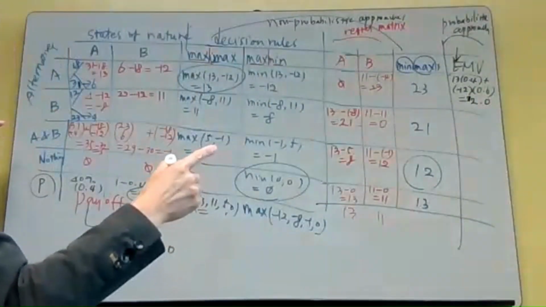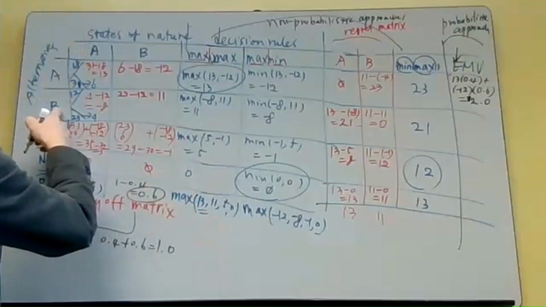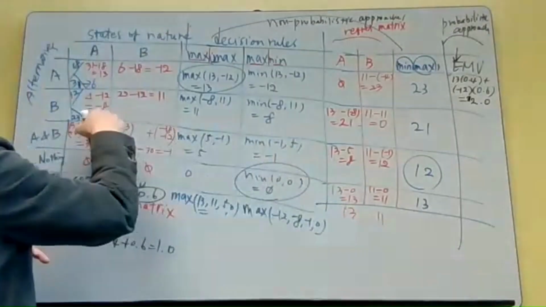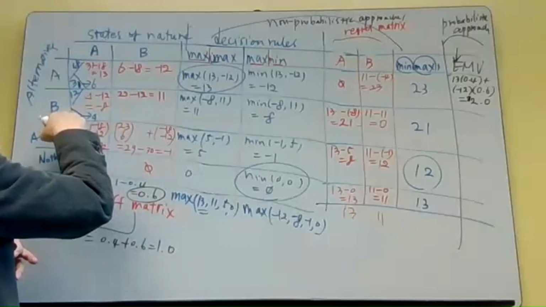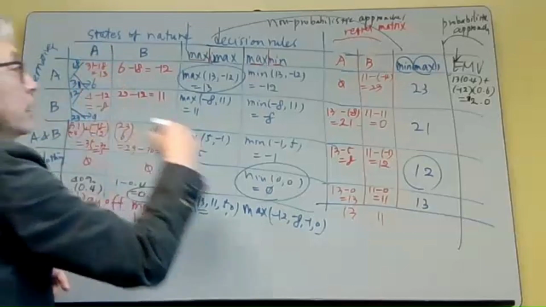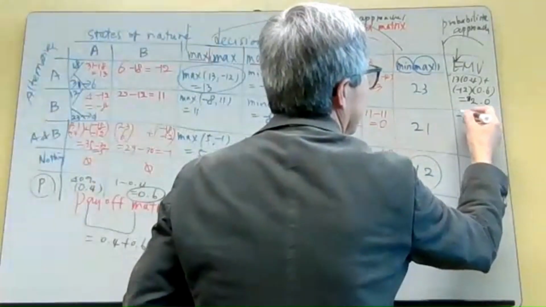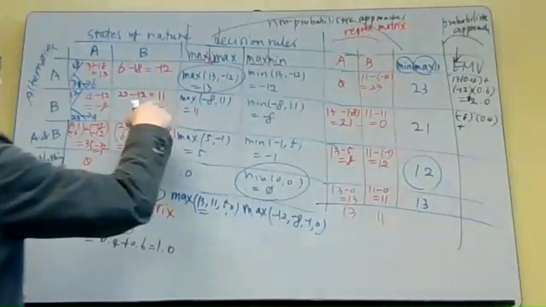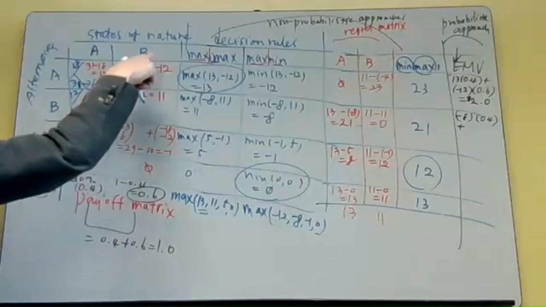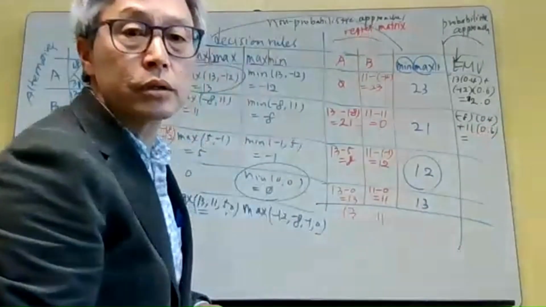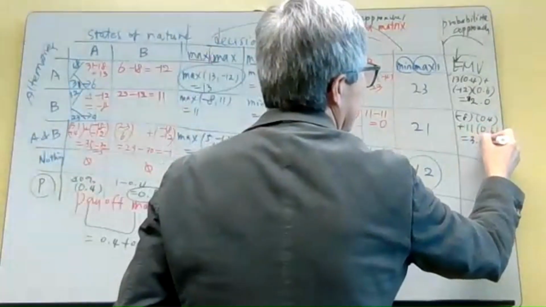So what about the expected monetary value of alternative B? The payoff of alternative B on the state of nature A is minus 8 times 0.4, plus the payoff of alternative B on the state of nature B, which is 11 times 0.6, which is $3.4 million.